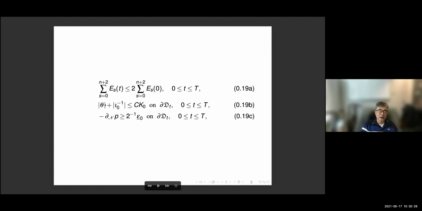That means the bound of the second fundamental form and the lower bound of the injectivity radius are controlled by the initial geometry here. And also the Taylor-Sign condition is preserved in this time interval. So that's our main result.